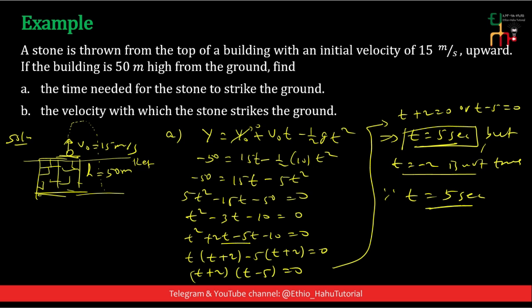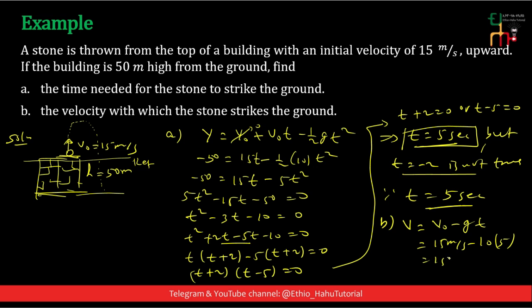B. The velocity with which the stone strikes the ground. v = v0 - gt. This is equal to v0, which is 15 meters per second, minus g, which is 10 (use 10 or 9.8), times t, which is 5.